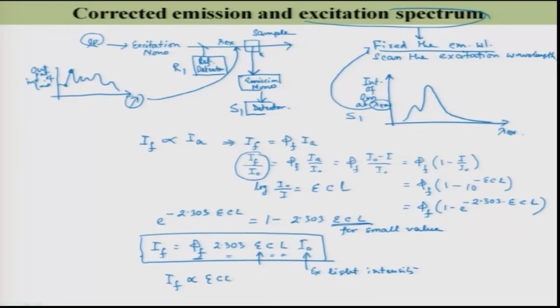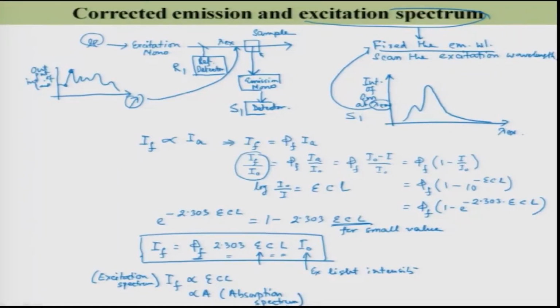So, it is proportional to A. That means this is my excitation spectrum. What you are going to plot is I f, the excitation spectrum, which is proportional to A. So, I will just write here: excitation spectrum is the same as the absorption spectrum.